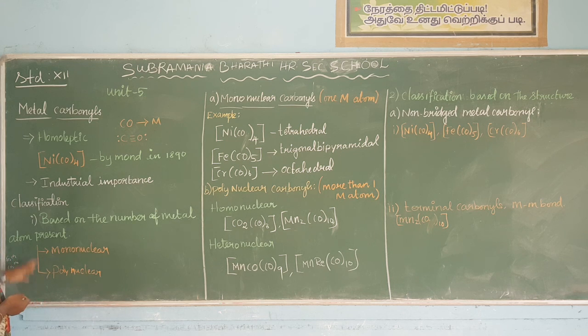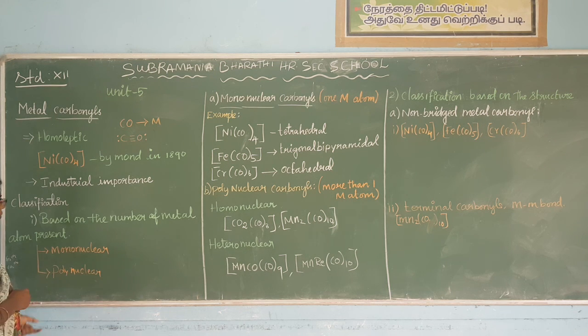So let us see the classification of metal carbonyls. Metal carbonyls can be classified into two different types, based on the number of metal atoms present in it.